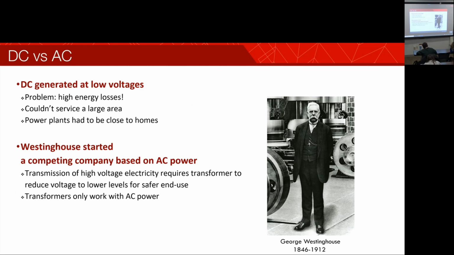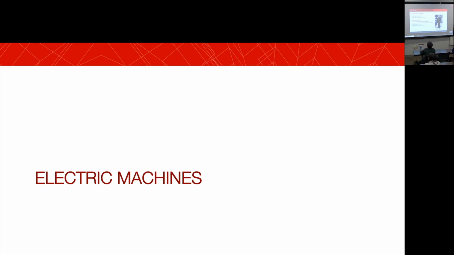But that becomes a problem, because batteries and PV panels are DC, but rotating generators and motors, and to some extent light bulbs, don't really care. So we have to have an inverter. Essentially, to go from AC to DC, you need a rectifier, something to take the negative portion of the voltage and turn it into a positive voltage. We'll see that in a little bit. And to convert DC to AC, you need an inverter, which we'll also see in a little bit.